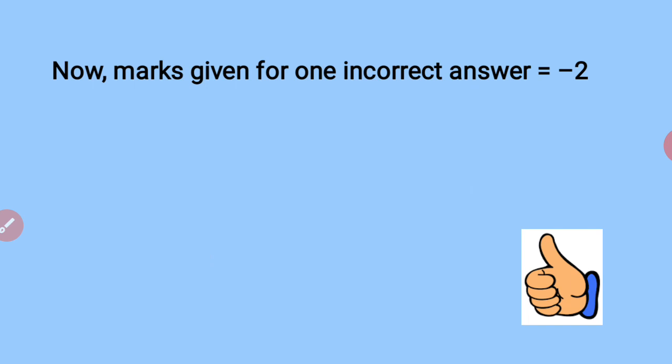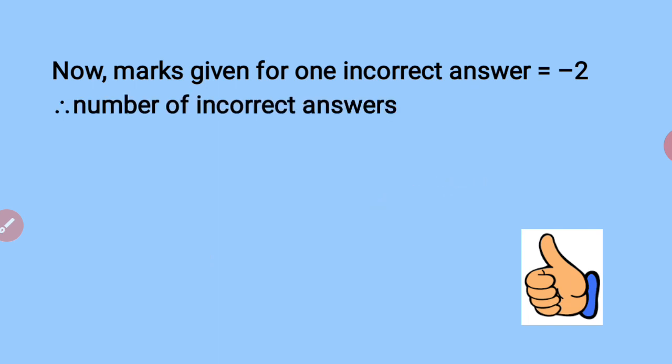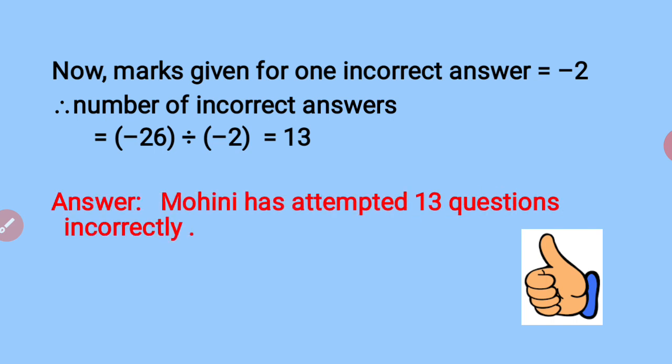We have noted down for every incorrect answer she has got -2. So the number of incorrect answers will be -26 that she has lost divided by -2. So the total number of incorrect answers is 13. So we will say that Mohini has attempted 13 questions which are incorrect.